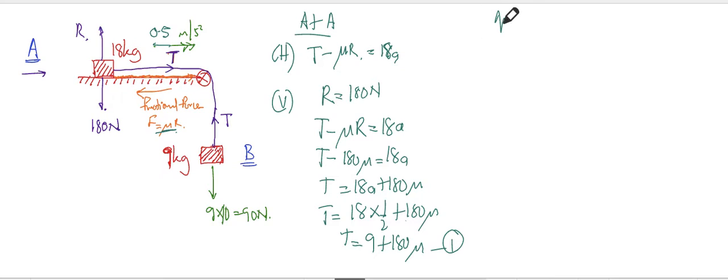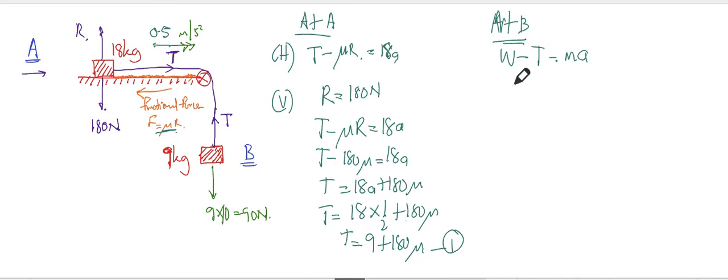And then at B, what's happening at B? At B there's no horizontal force, because it's just a weight dangling downwards, just moving downwards. So the weight mg, which is W, minus the tension of the string or cable will give you the net force ma.